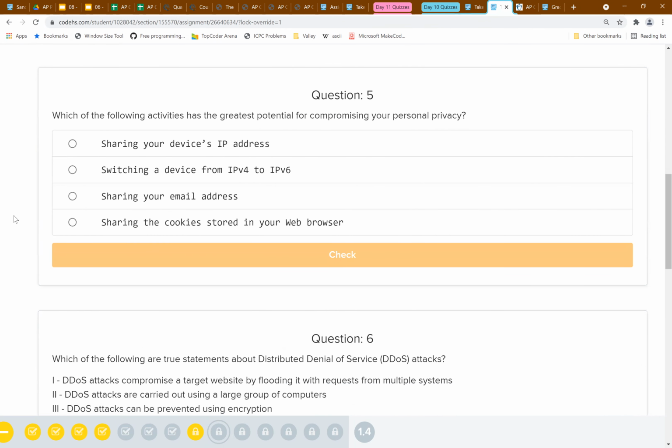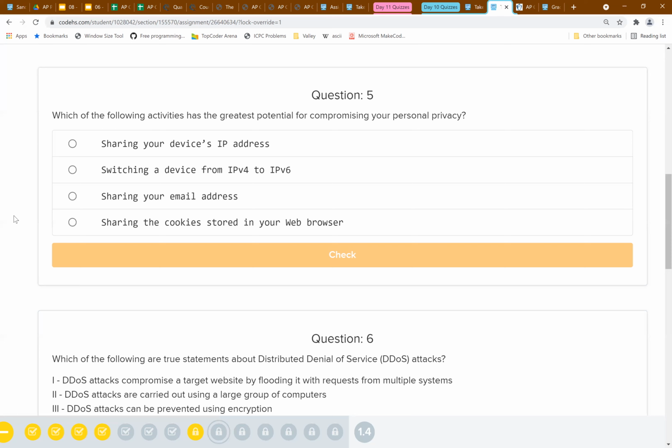Question 5, which of the following activities has the greatest potential for compromising your personal privacy? Sharing your device's IP address, switching a device from IPv4 to IPv6, sharing your email address, or sharing the cookies stored in your web browser. I know we didn't really talk about cookies, but cookies are information stored by a web browser about your browsing history.